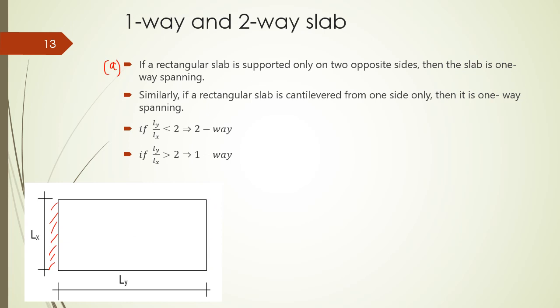This could also happen in the other direction if the supports are in this direction and this other side. This will also be considered a one-way spanning slab.